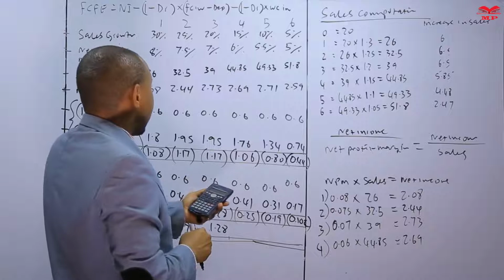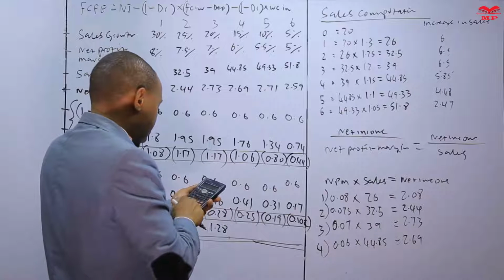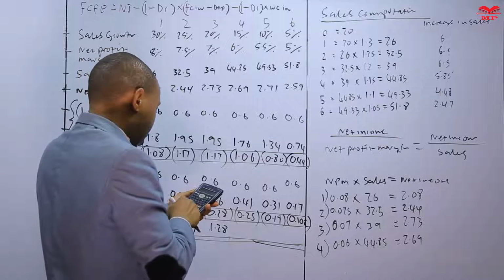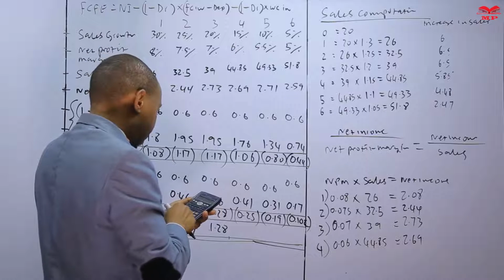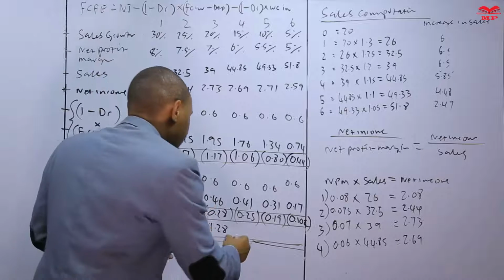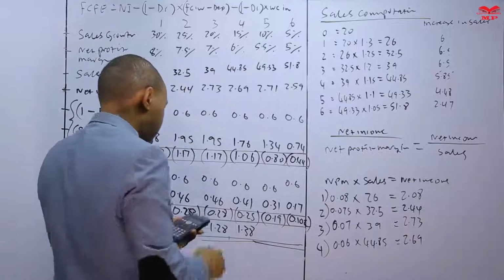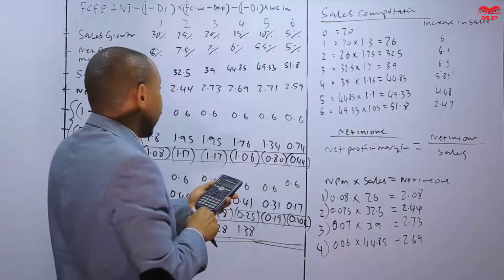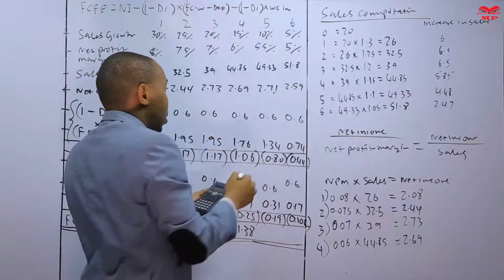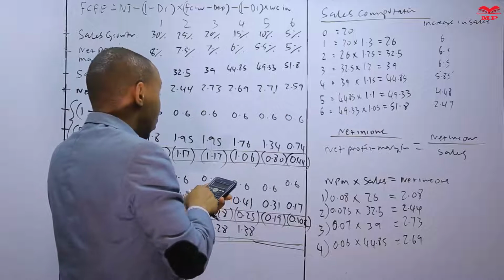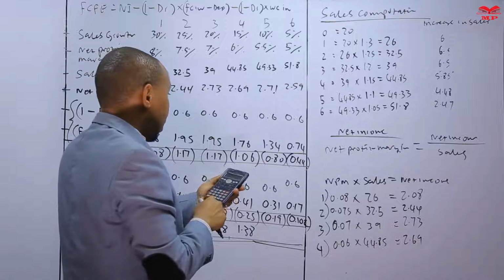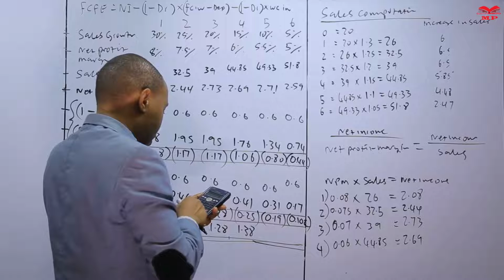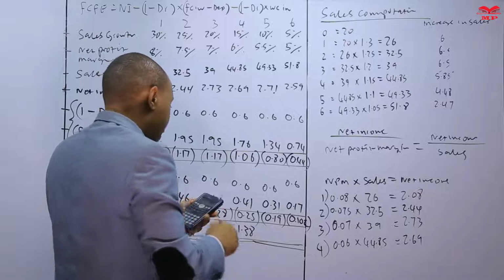So we have for year 4, 2.69 minus 1.06, then you less 0.25, 1.38 there. So we have year 5 now, 2.71, we less 0.8, then less 0.19, 1.72.